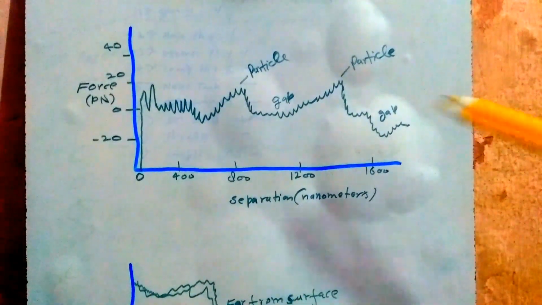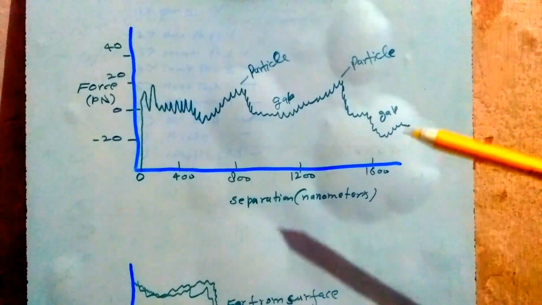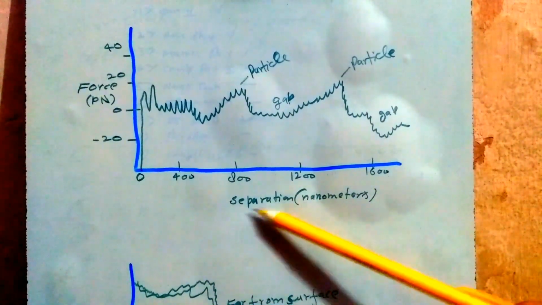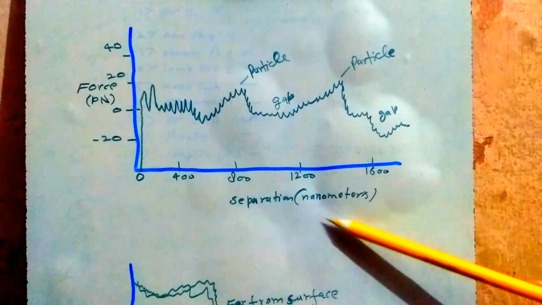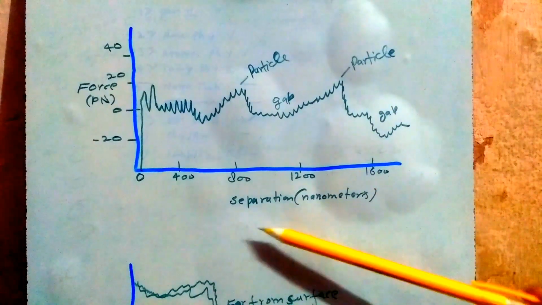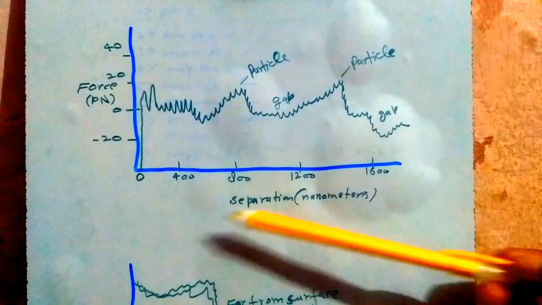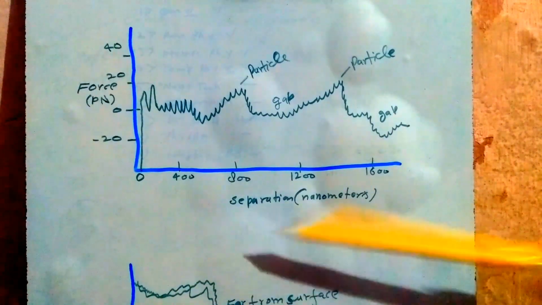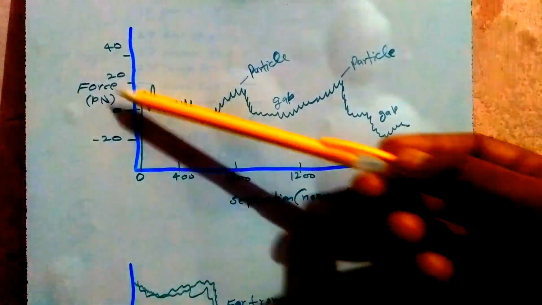This is a graph taken from the vibrating probe on the surface of the nanomaterial, and in the x-axis there is the separation of the probe from the sample, as we move the sample across the probe, or we move the probe across the sample surface.